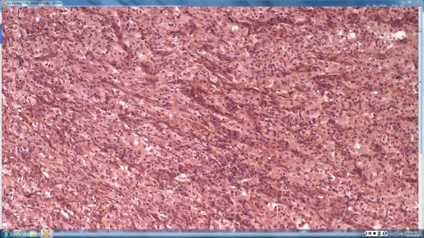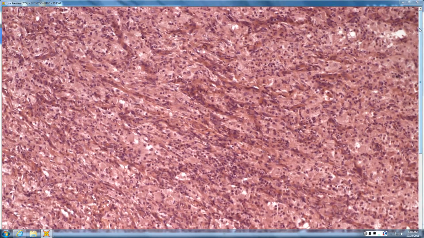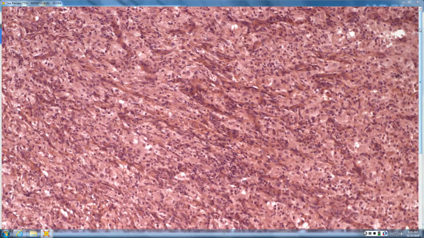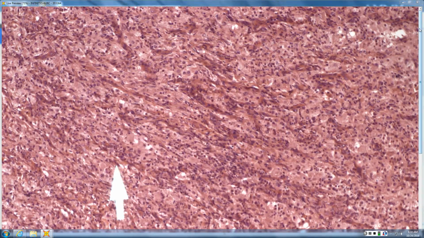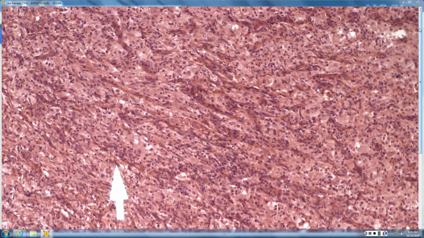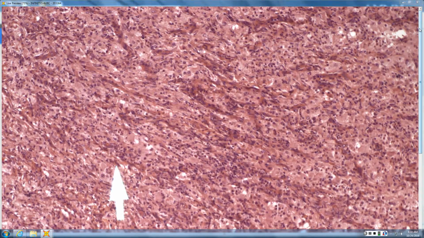So Rosai-Dorfman, you get sheets of histiocytes, nodular lymphoid aggregates, and then superimposed on the histiocytes there are lots of cells, and there are two things. One is they're gray rather than black, which tells you they're not lymphs, and there are no pyknotic cells anywhere.